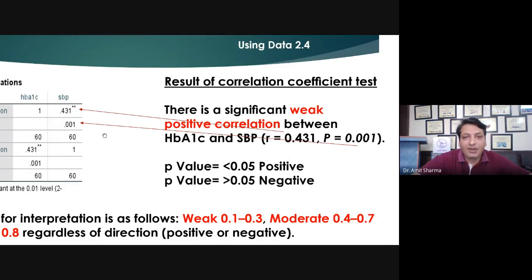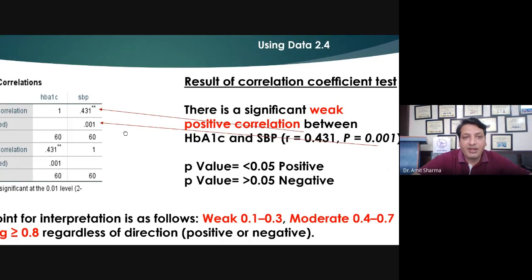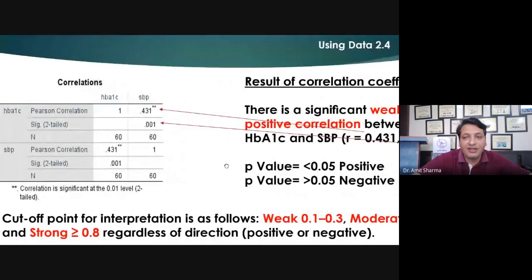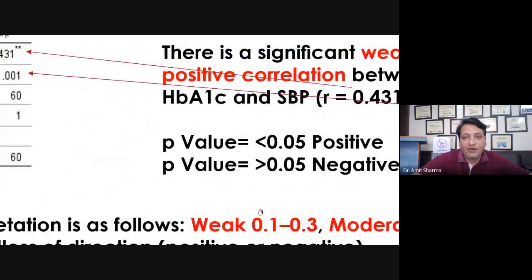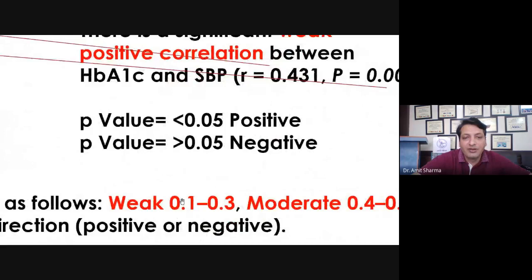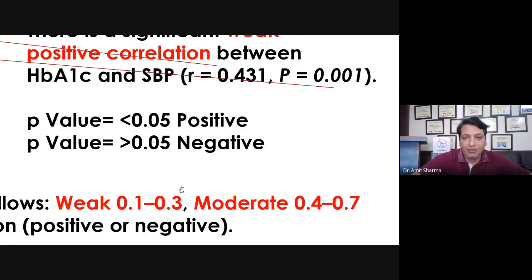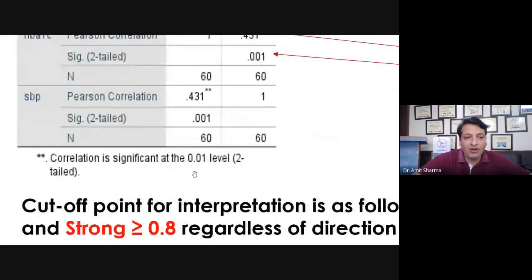So how do we find out whether it is weak, moderate, or strong? We have to follow these rules. For weak, we use it if our R value is between 0.1 to 0.3, and we can use moderate if the value is 0.4 to 0.7, and we can use strong if the value is more than 0.8.